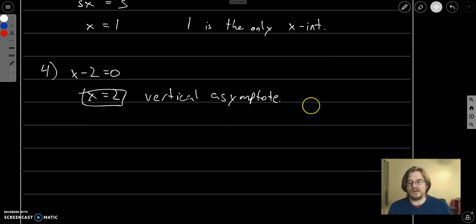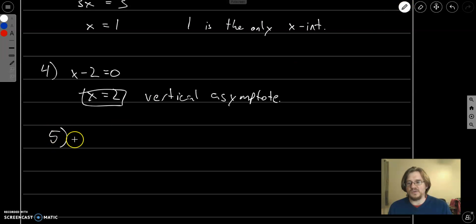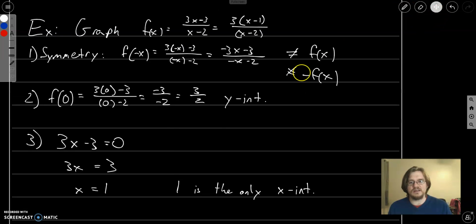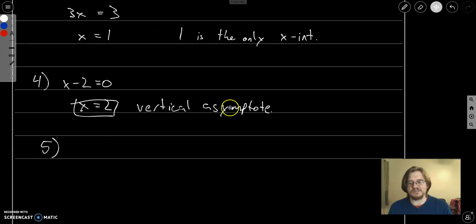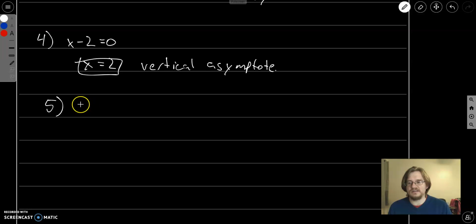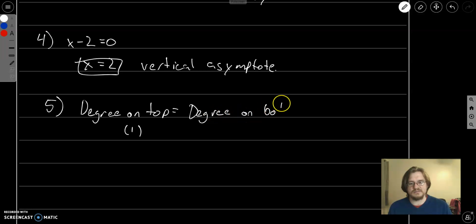And then furthermore, with the horizontal asymptote, we look at the degree of the top and bottom of the fraction. So on top, our polynomial has degree 1 because it has an x to the first power, and that's the largest power. On the bottom, we have x to the first power, and that is our largest power. So the degree on top, which is 1, is equal to the degree on bottom, which is also 1.